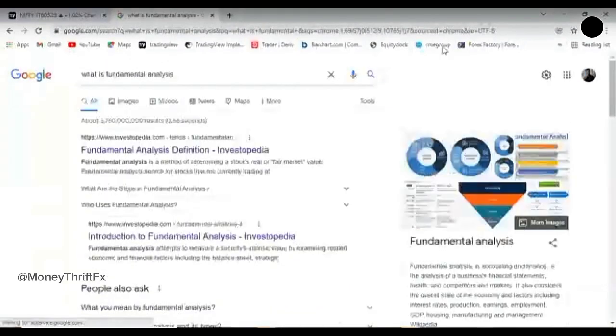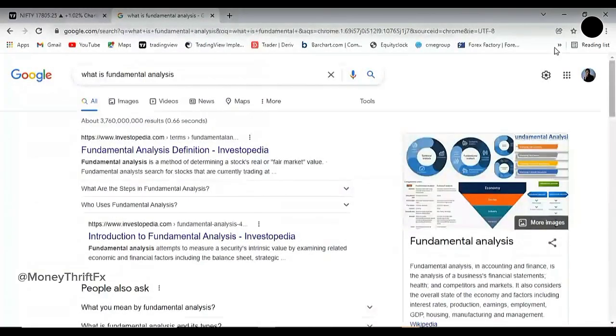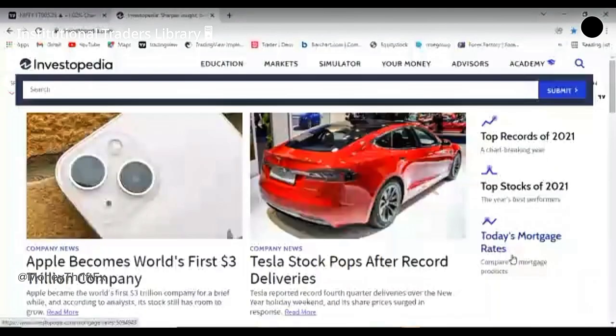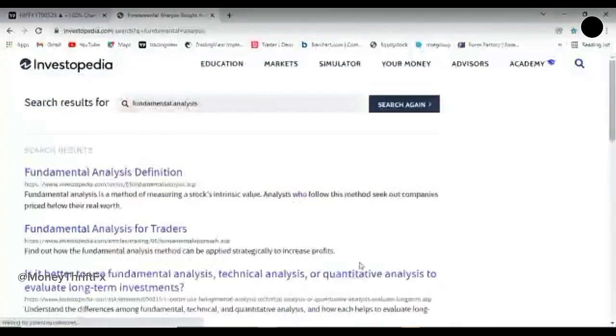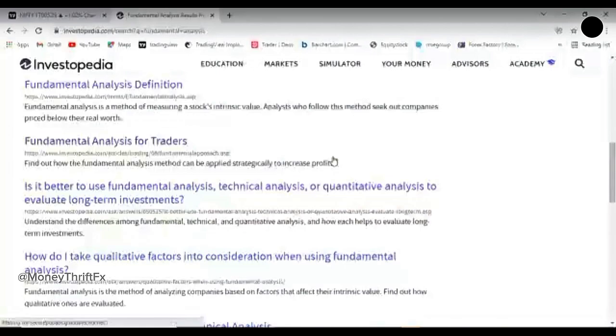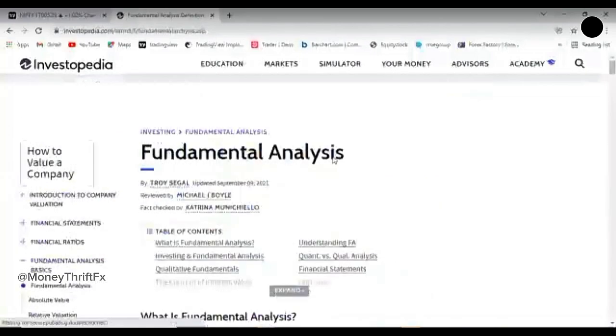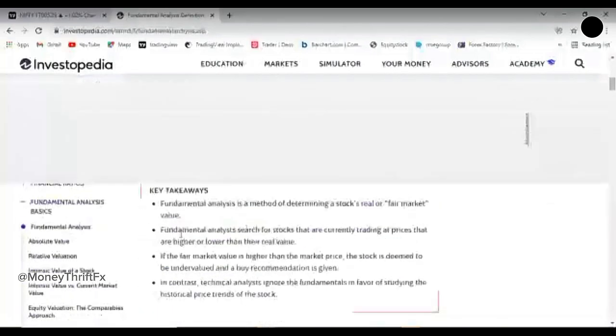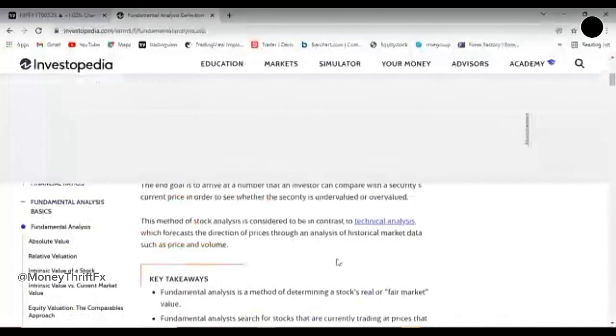No, sorry, let's not use Google, let's use Investopedia. Investopedia, fundamental analysis definition. So, what is fundamental analysis?